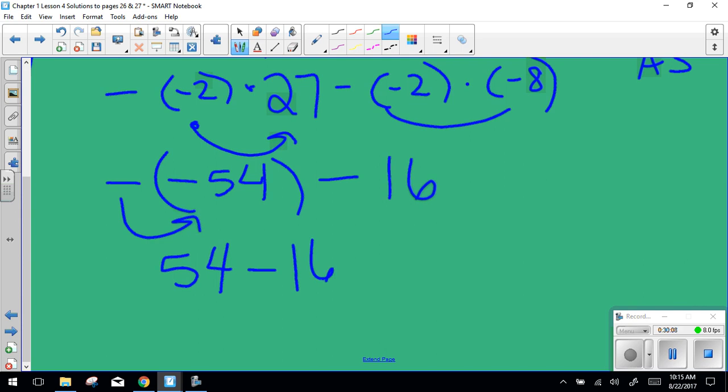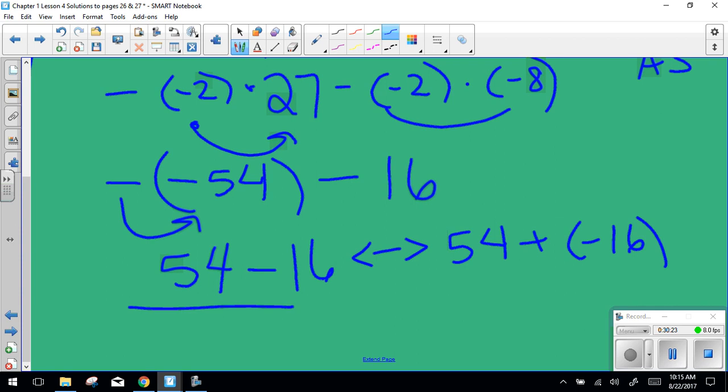So at this point, you can do one of two things. You can just take 54 and minus 16, or you can rewrite this as 54 add the opposite. Okay, so at this point, it's up to you on whether you leave it this way or rewrite it this way. It doesn't really matter.